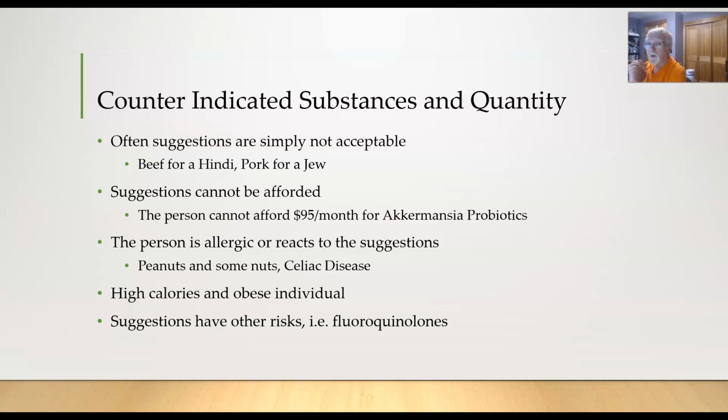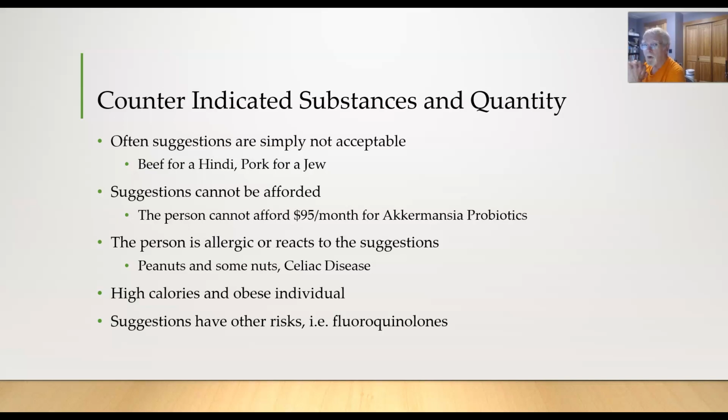The problem is the person happens to be a Hindu, a lifelong vegetarian, which of course means that is inappropriate, or pork if the person is Jewish. Sometimes suggestions cannot be afforded. The person can't afford $95 a month for a particular probiotic, or something else.